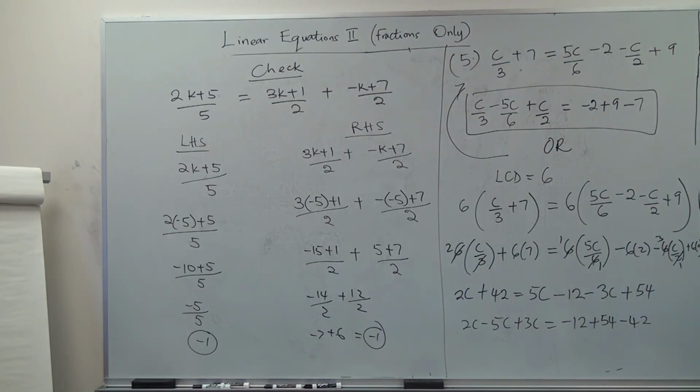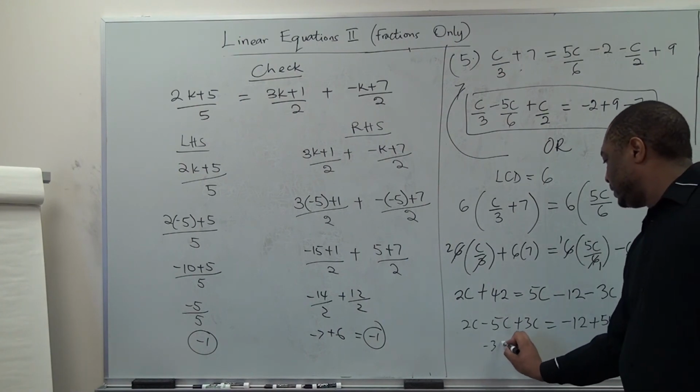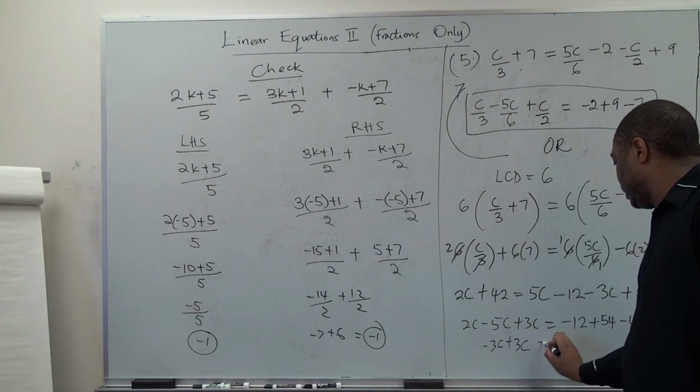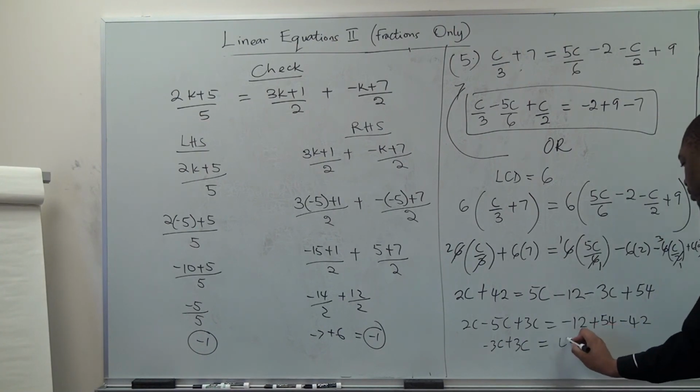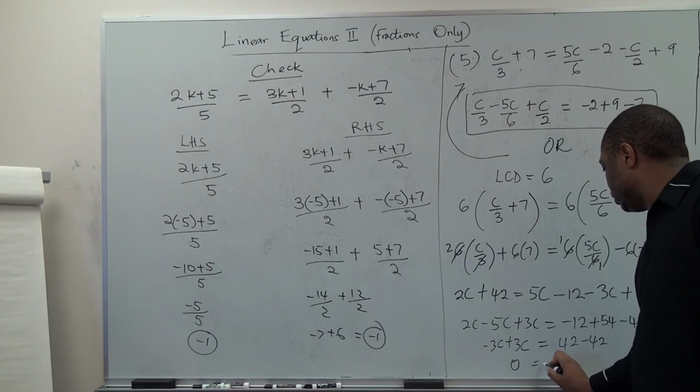So you see now, 2c minus 5c gives us negative 3c, plus 3c, equal to negative 12 plus 54 gives us 42, minus 42. So we see that 0 is equal to 0.